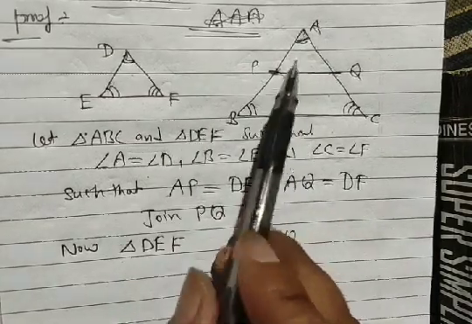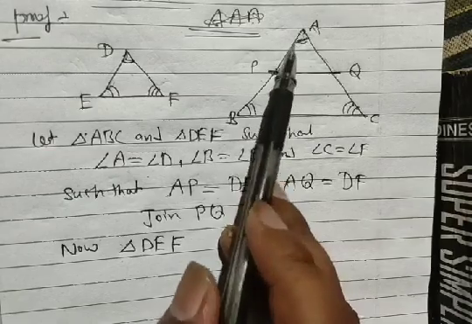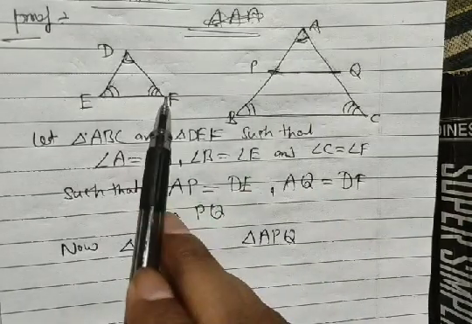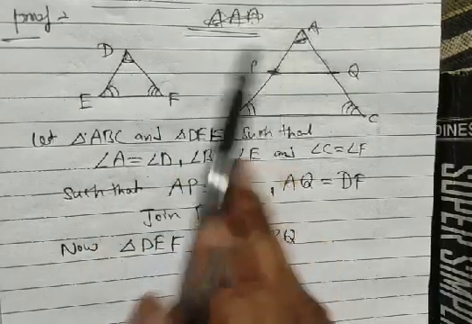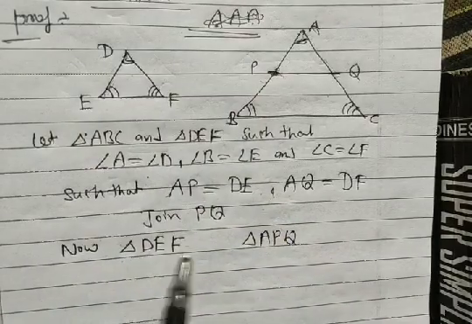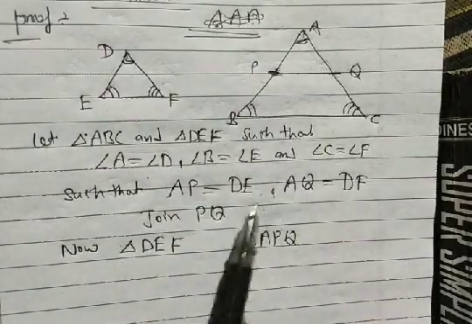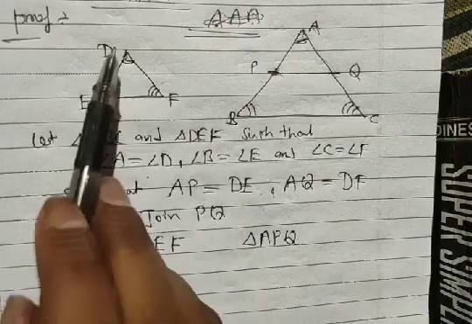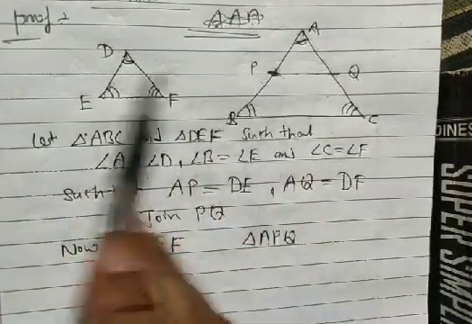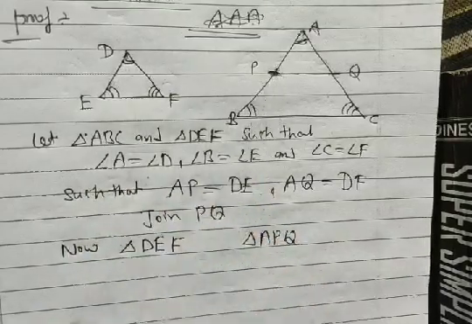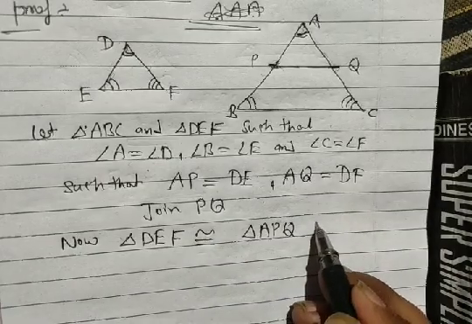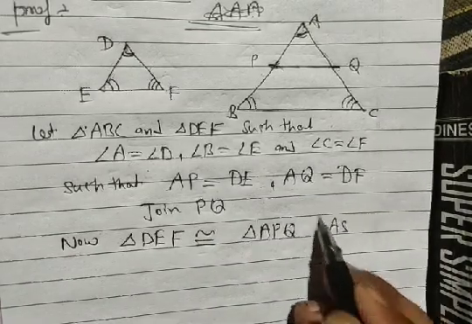We took two points on triangle ABC such that AP is equal to DE and AQ is equal to DF, and angle A and angle D are already equal, as given. So this side equals this side, this side equals this side, and the angles are equal. Then we can apply side-angle-side, and these triangles are congruent by SAS congruency.